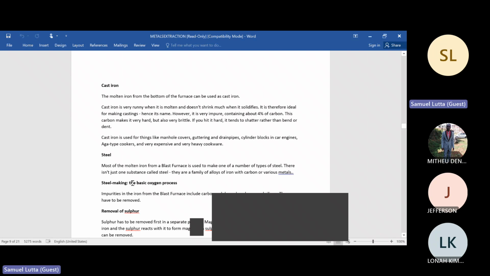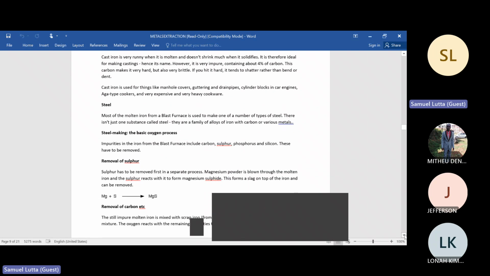You have heard about stainless steel and so on. The impurities in this form of iron from the blast furnace will include carbon, sulfur, phosphorus, and so on, and these can now be removed.